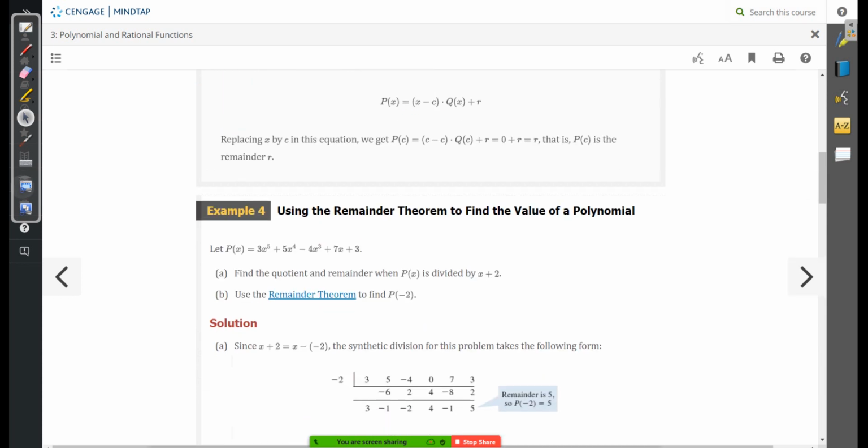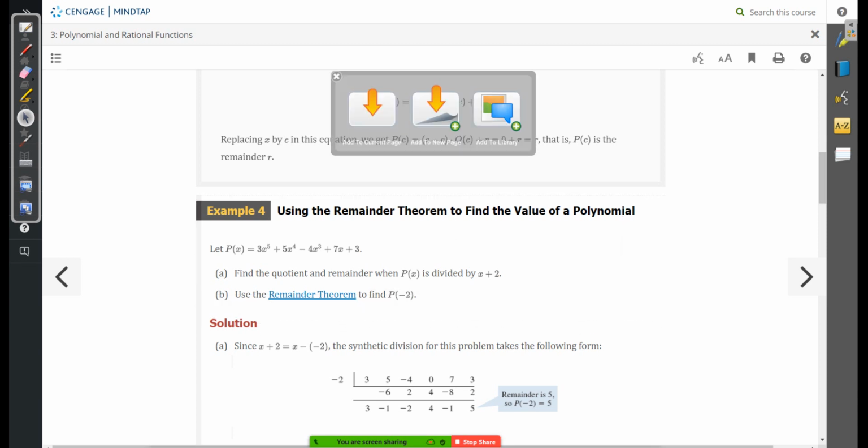Okay, so we need to do this. We're going to do the synthetic division. We can do synthetic division because part A reads, find the quotient and remainder when p of x is divided by x plus 2.